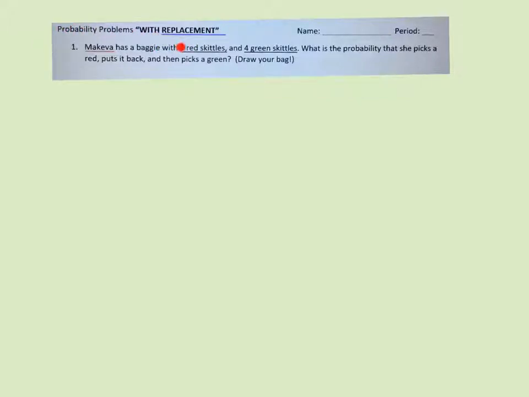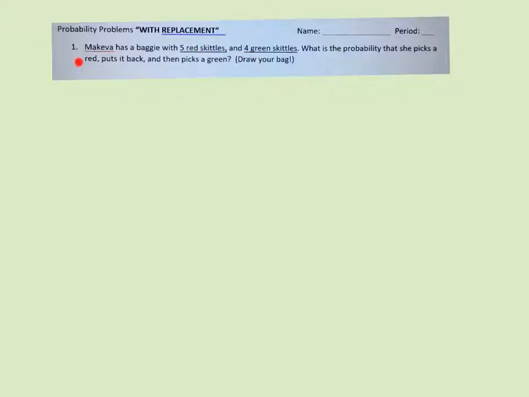That means if we are doing a problem with compound events that have two different events, if we pick something out of a bag or out of a box, we are going to replace it before we do the second event. So the first event, we might pull a Skittle out of a bag and then we will put it back, or we'll replace it before we do the second trial.